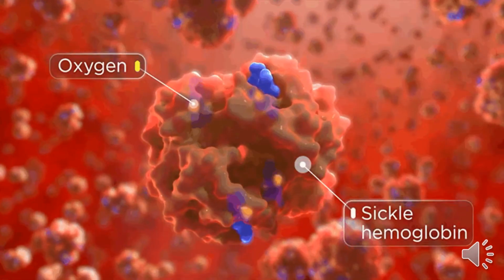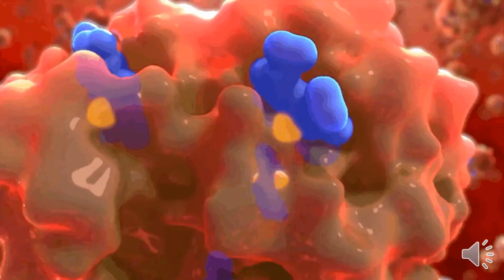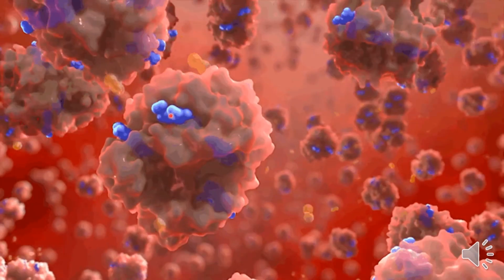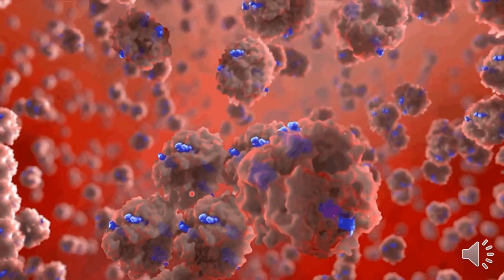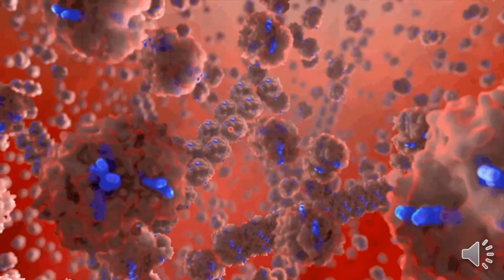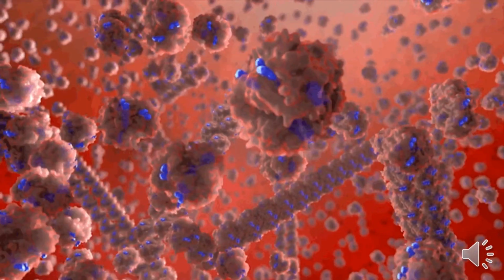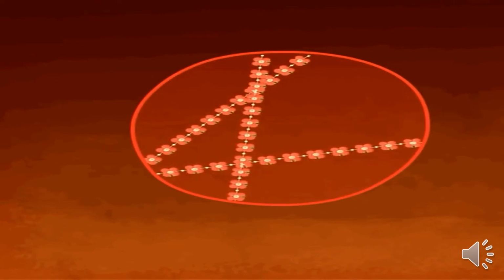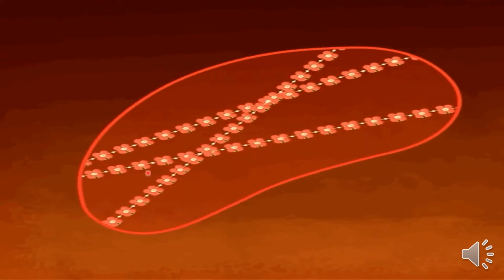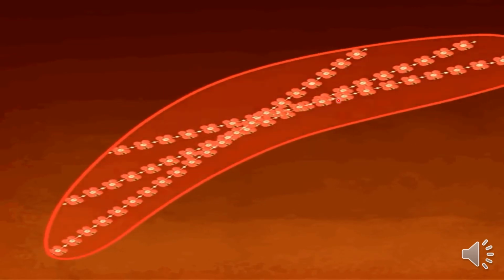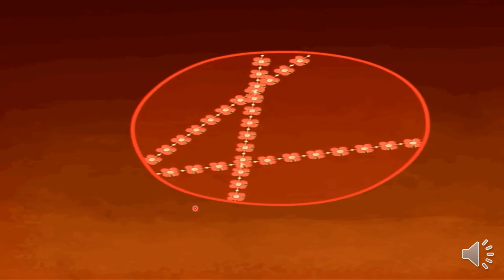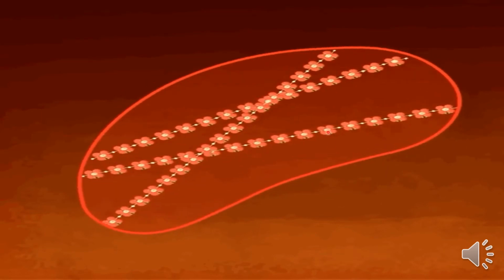So this is the HbS, and when HbS is deoxygenated, it will stick together and form long fibers called tactoids. These are the tactoids. And these long fibers will push the RBC membrane out of shape, causing the whole cell to become rigid and take the sickle shape. So it will look something like this.